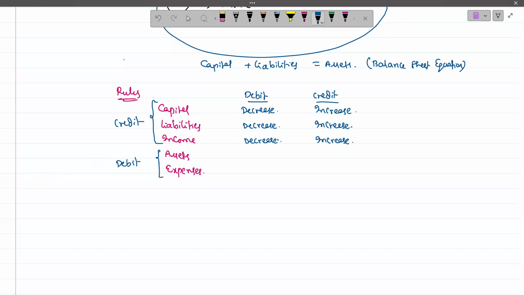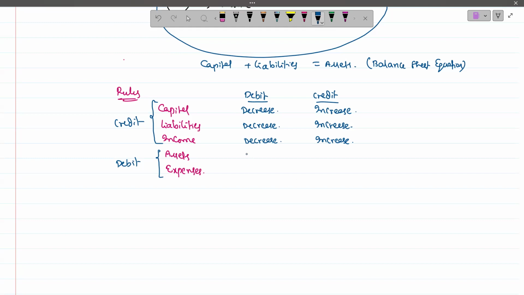So simply said, the credit-item rules are nothing but: increase in a credit item is credited, decrease in a credit item is debited. Here the credit items consist of capital, liability and income. If these three increase, they are credited. If these three decrease, they are debited.